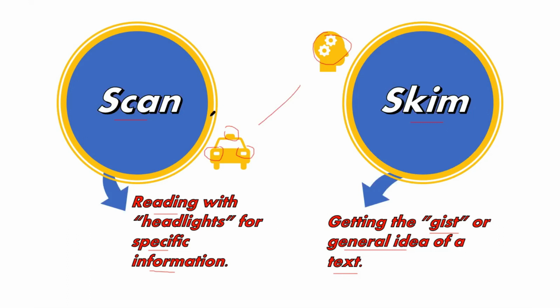Above all, it's really important not to rely on just one of these. In our specific videos, we look at question types that call specifically for scanning or for skimming or a mix of both. And I usually find that each passage will contain a mix of scanning and skimming. So you really need to practice these two strategies.